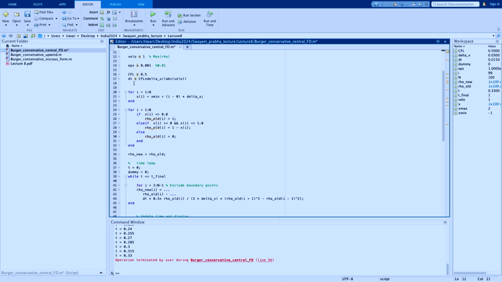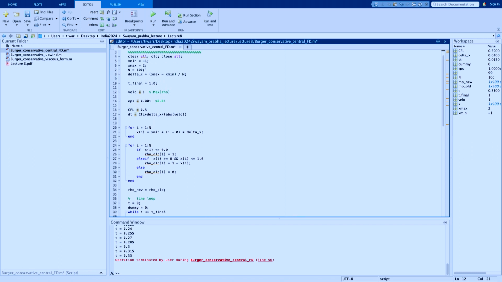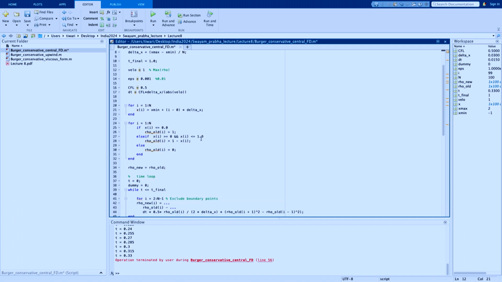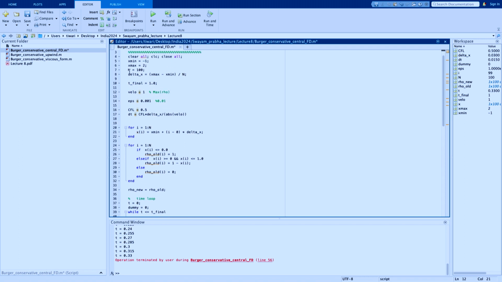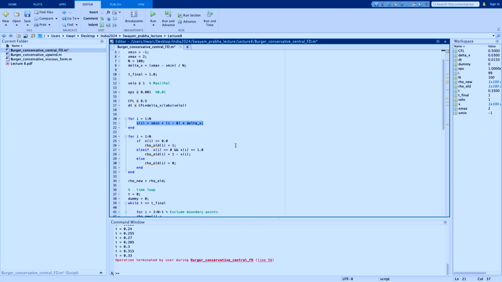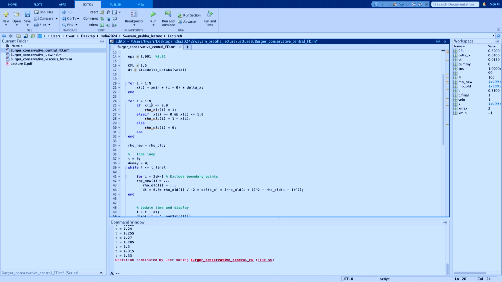Now again, this is my domain, -1 to 2. Here I define my n and I define my delta x. Once I have that, I generate my grid points on a regular basis, and I do the initialization in this loop. I run from grid point 1 to n.